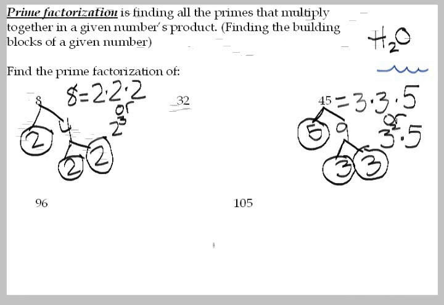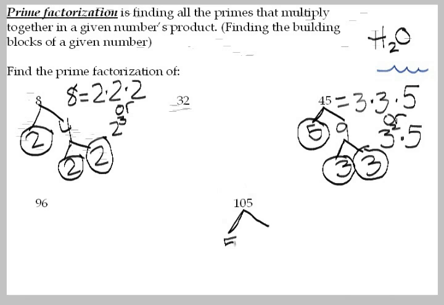Let's try one more here, 105. So we want to figure out what two numbers multiply together to give us 105. If we don't know off the top of our heads what numbers multiply to give us 105, we can use the rules and the tests for divisibility. So if we notice that 105 ends in 5, we know it's divisible by 5, because any number that ends in 0 or 5 is divisible by 5.